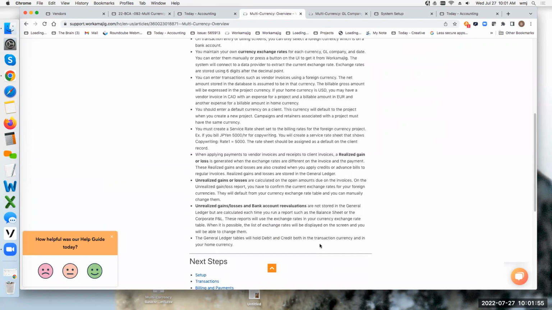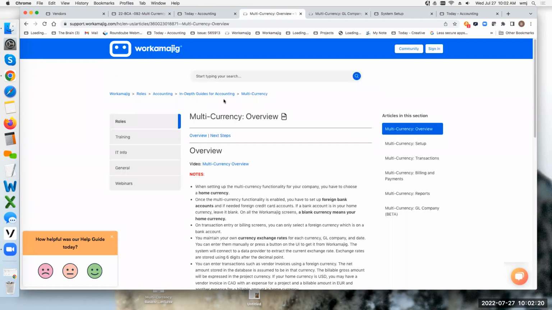You're going to hear those terms once you start to utilize multi-currency. I'm not sure if everyone is currently already using it or if they are just interested in seeing what happens with multi-currency. But these are some of the terms that we would definitely go into detail about, making sure that you understand everything that you are seeing within the system.